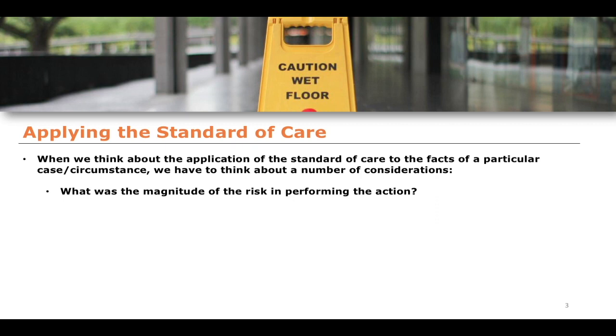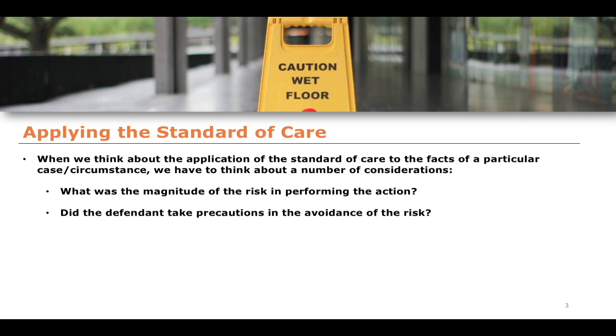Now, the considerations that we have to think about are the magnitude of risk existing in the performance of a particular action. What was the magnitude of risk? Was it an unjustifiably risky action? Or was it something that was particularly not conducive to a significant amount of risk? Did the defendant take any precautions to avoid any kind of risk? These are the two questions that we generally consider.